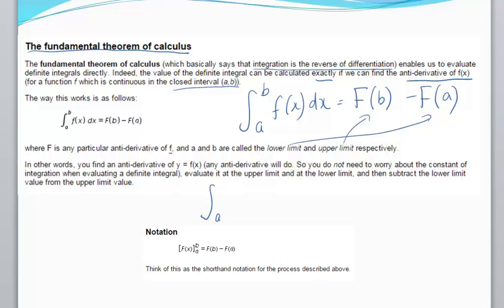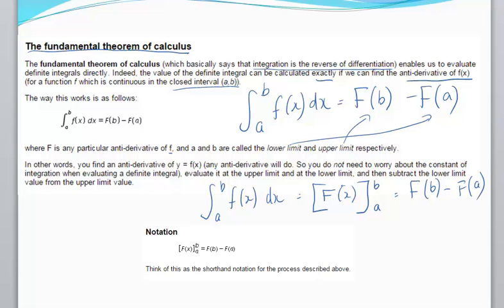Between a and b of our function of x dx, we write it with square brackets, the antiderivative of x, with b and a. From this step it moves on to our antiderivative at b minus our antiderivative at a.